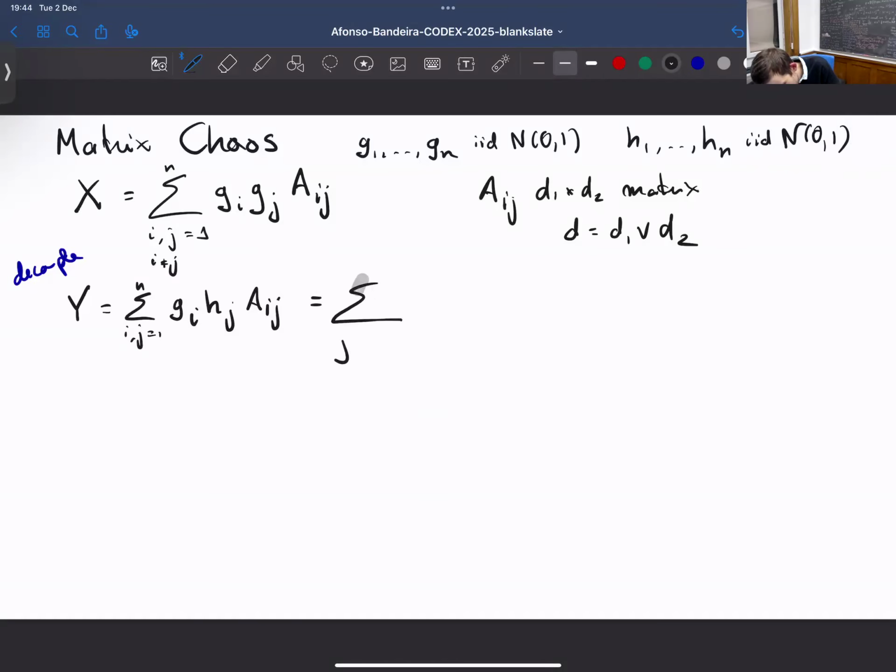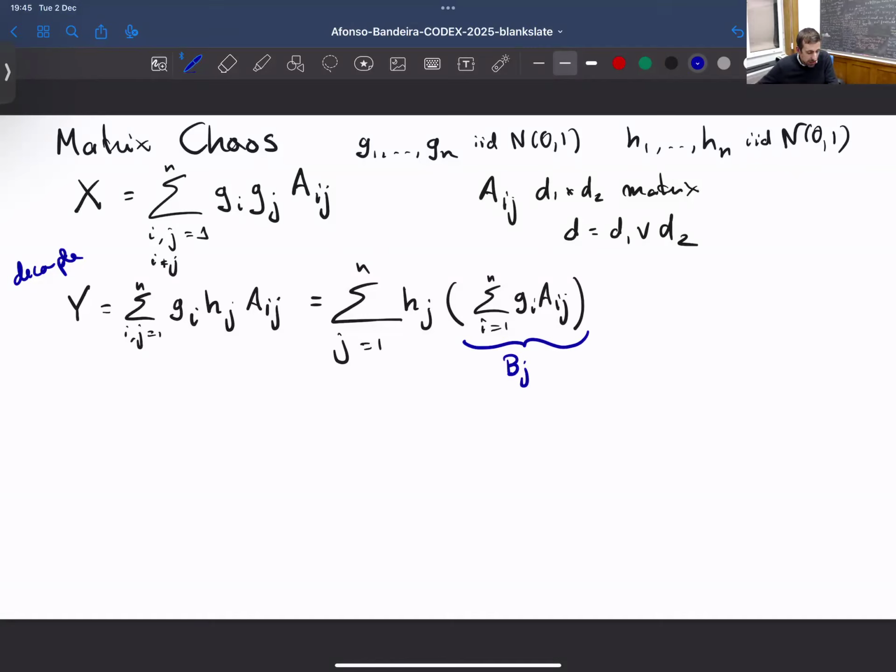I can take it as the sum over j from 1 to n of h_j, times the sum over i from 1 to n of g_i a_ij. Now I can call this my b_j. If I condition on the randomness of the g's, I can just use non-commutative Khintchine.